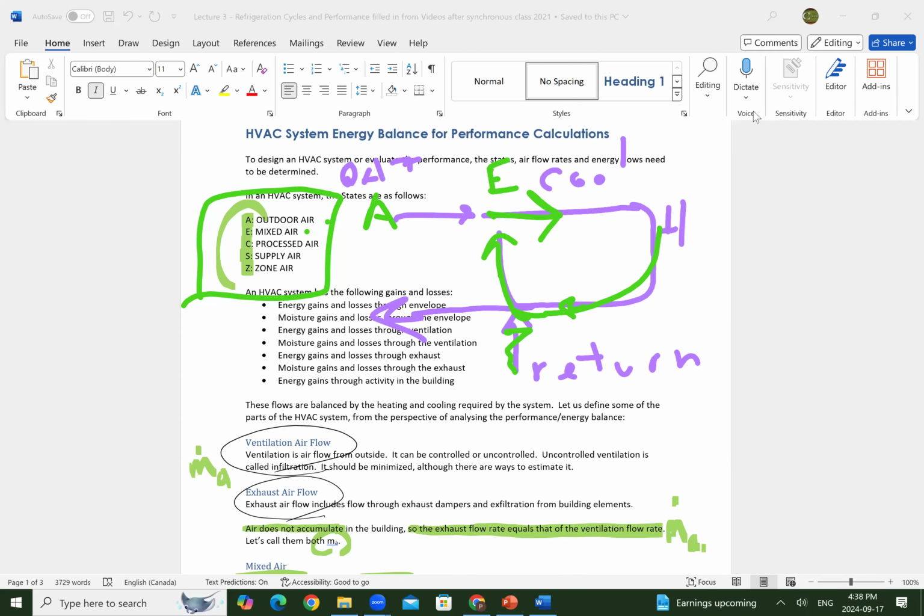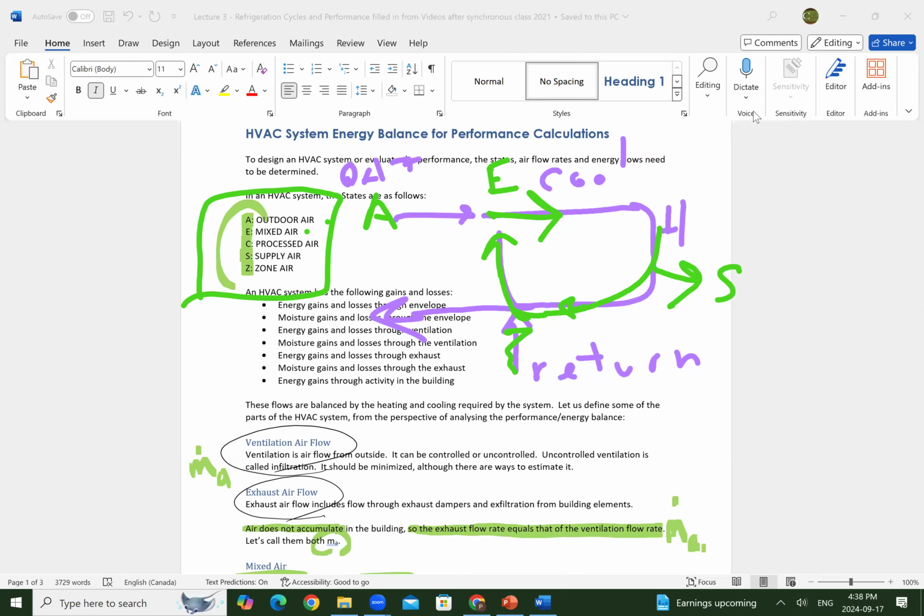And then there is processed air, supply air, and zone air. So we are going to supply this cooled and heated air into the room, and that's the supply air. And then zone air is what actually has to heat and cool the zone.